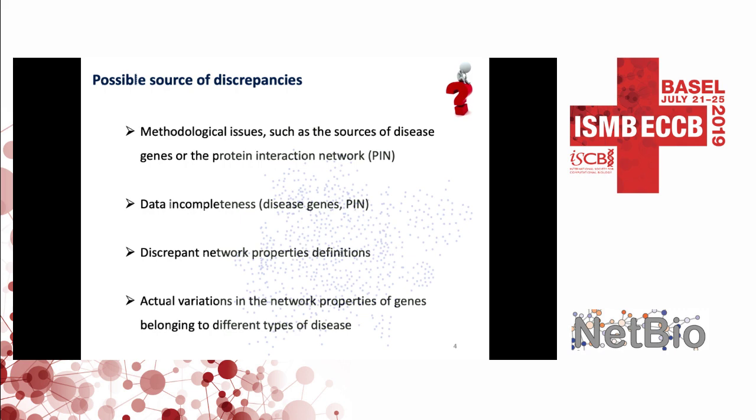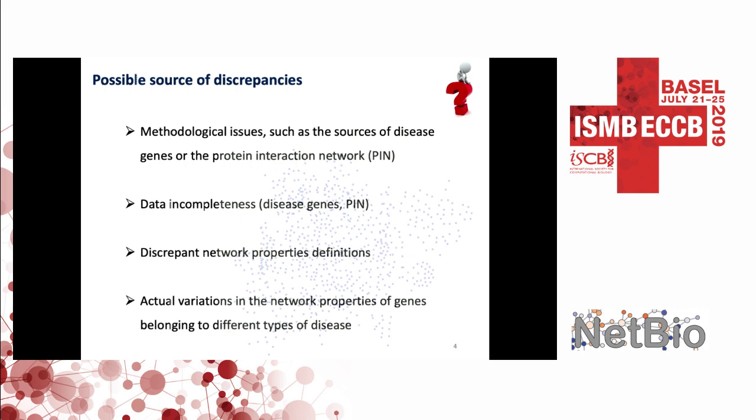There can be several factors. Some factors can be more methodological, such as the source of protein interaction networks or the source of disease genes, or even the actual definition of what we consider a protein interaction network. Are we considering those proteins that physically interact, or are we thinking of more flexible definitions such as co-expression or other kinds of genetic interactions and so on?